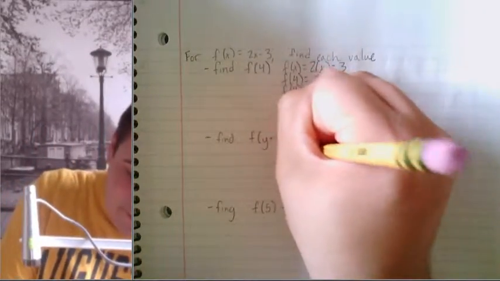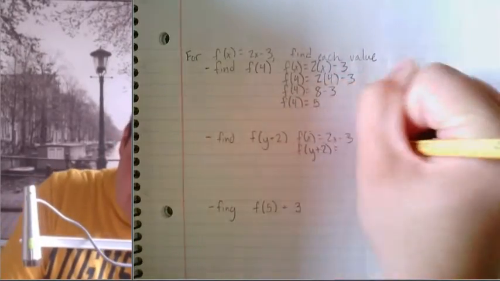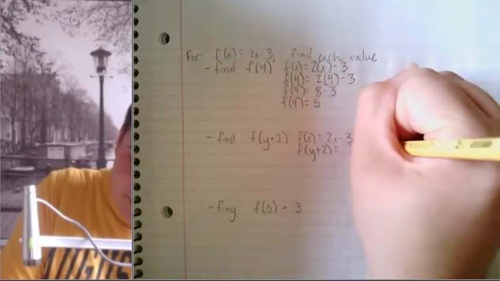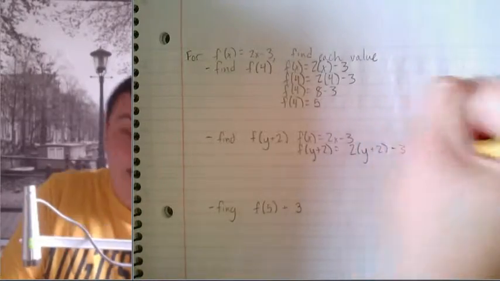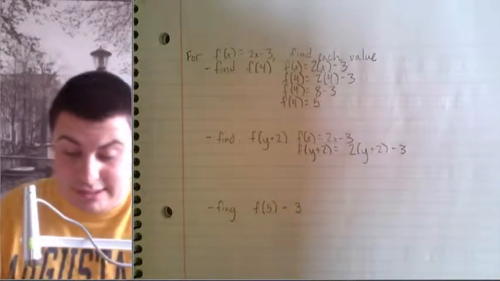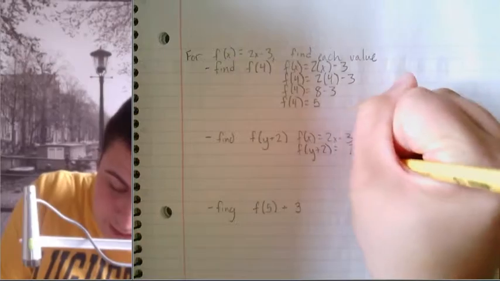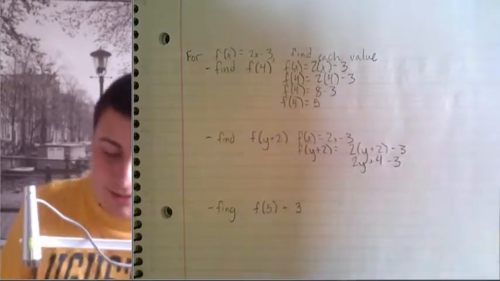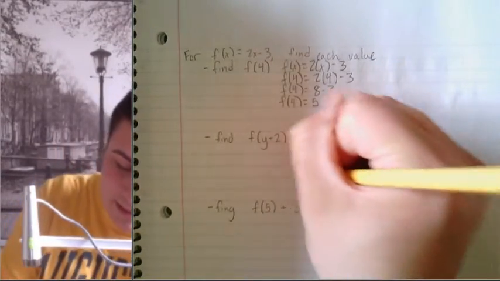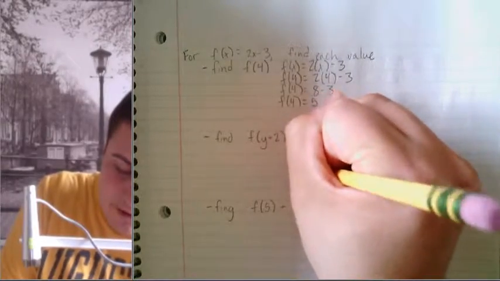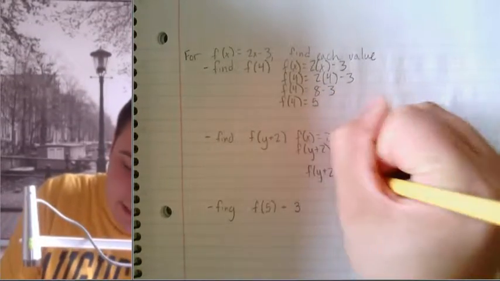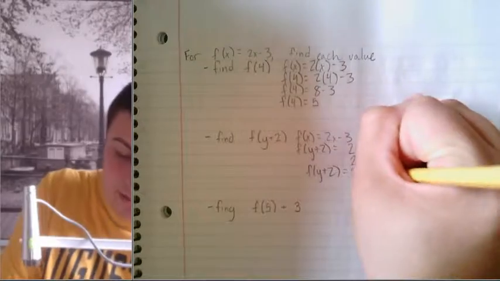So that means that f of y plus 2 is going to equal 2 times the group y plus 2 minus 3. We'll simplify, we'll distribute: 2y plus 4 minus 3. We'll combine like terms to see that f of y plus 2 is equal to 2y plus 1.